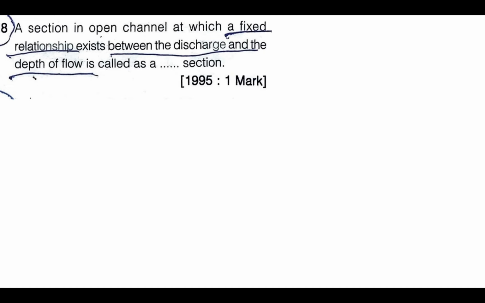Next question: a section in an open channel at which a fixed relationship exists between the discharge and the depth of flow. Fixed relationship. So you can say Q is directly proportional to y to the power n. When you remove the proportionality, you get some constant, and your relation will look like that.